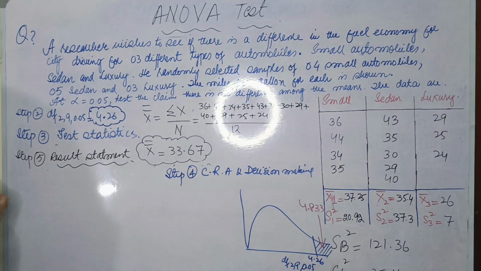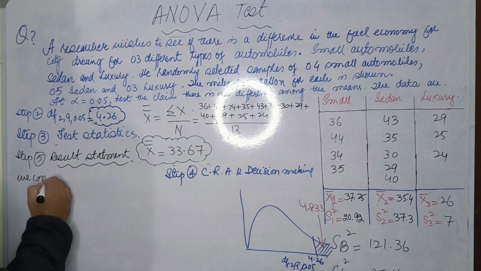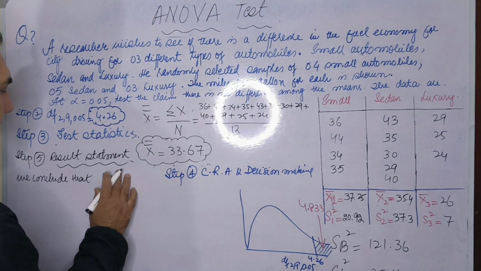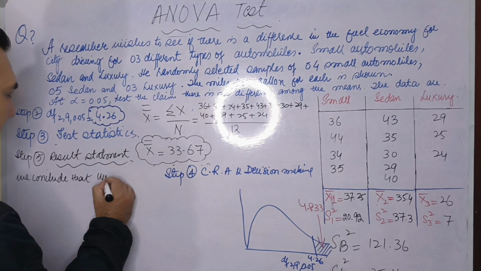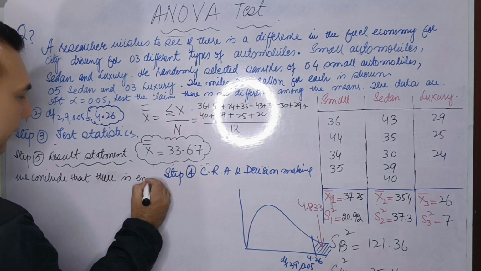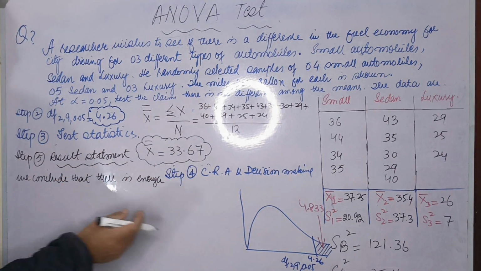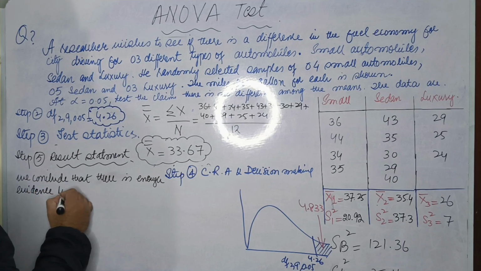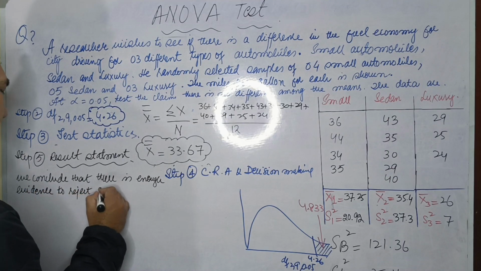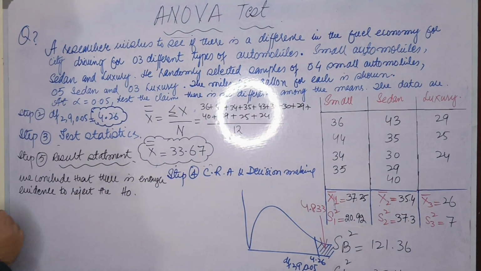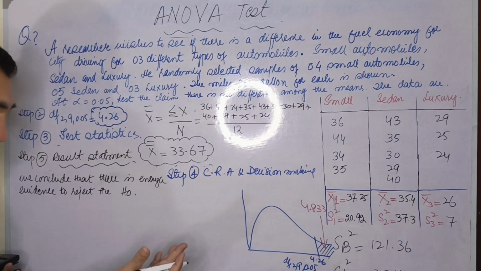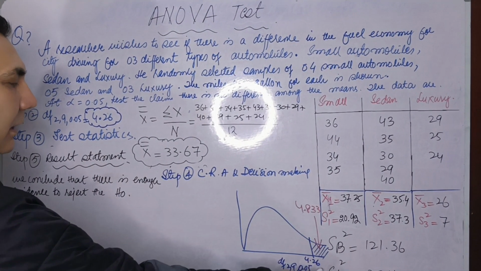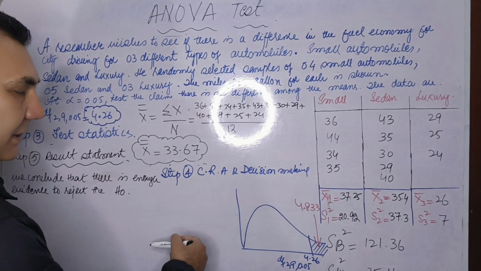In the result statement, we will say, we conclude that there is enough evidence to reject the null hypothesis. Why enough evidence? Because we reject the null hypothesis. How did we reject it? Because our F calculated value falls in the rejection area, so we reject the null hypothesis.